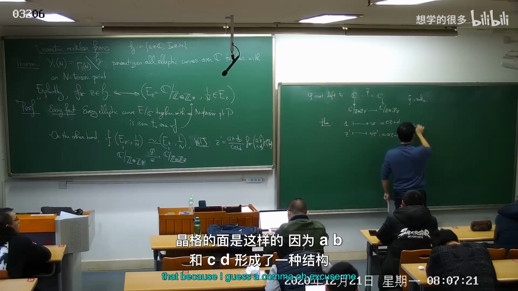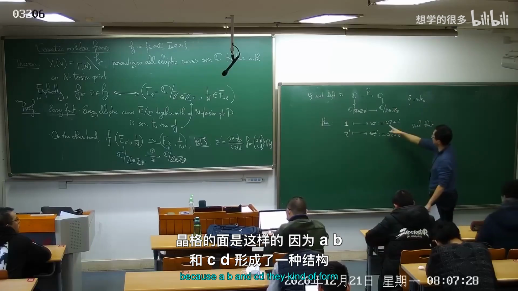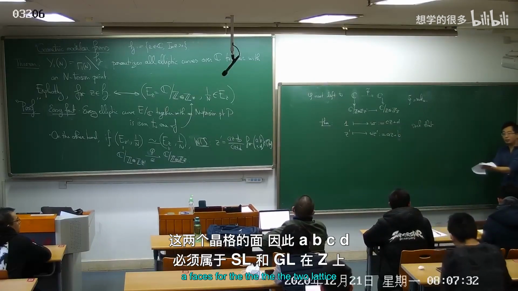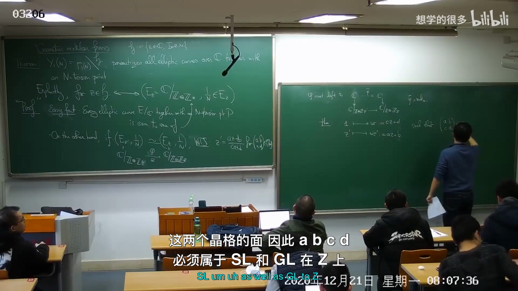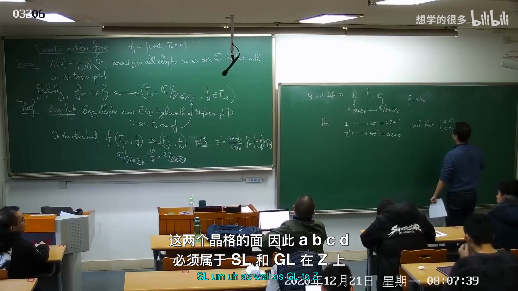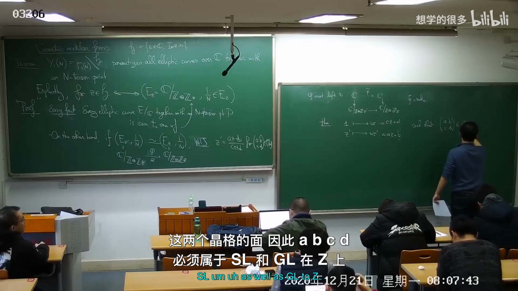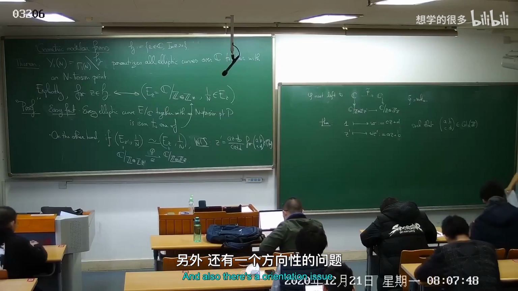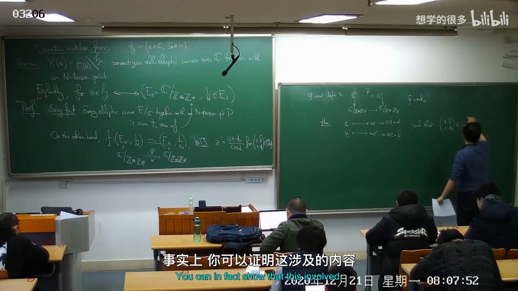Because a, b and c, d form a basis for the Z squared lattice, therefore a, b, c, d must belong to GL2(Z). And also there's an orientation issue. You can in fact show that this belongs to SL2(Z).